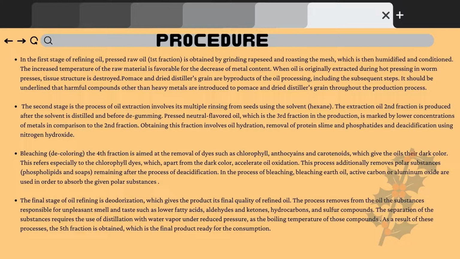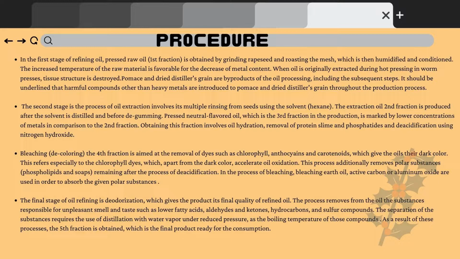And the final stage of oil refining is deodorization, which gives the product its final quality of refined oil. The process removes from the oil the substances responsible for unpleasant smell and taste, such as lower fatty acids, aldehydes and ketones, hydrocarbons, and sulfur compounds.